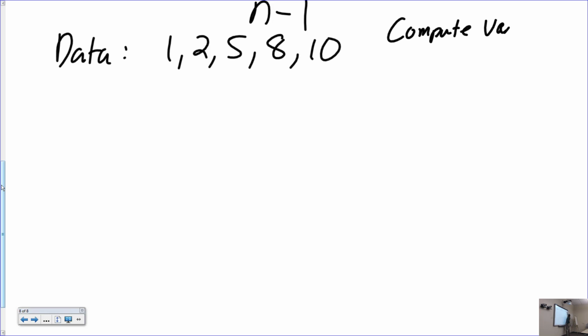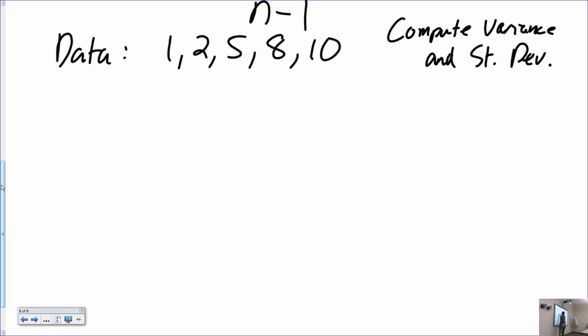Note that the book will only ever ask you to calculate standard deviation. I would like you guys to calculate the variance because the next step is what it takes to get the standard deviation. Okay?